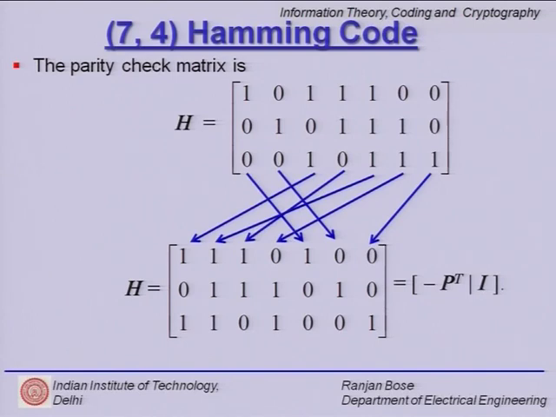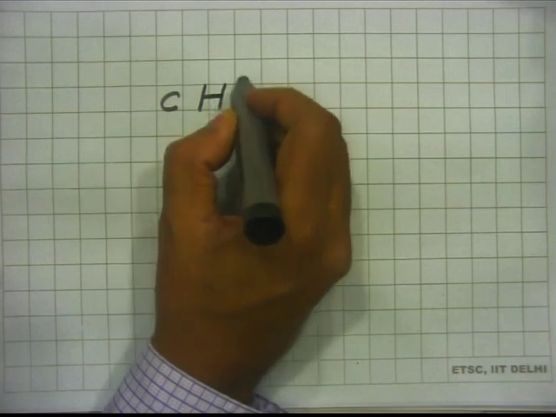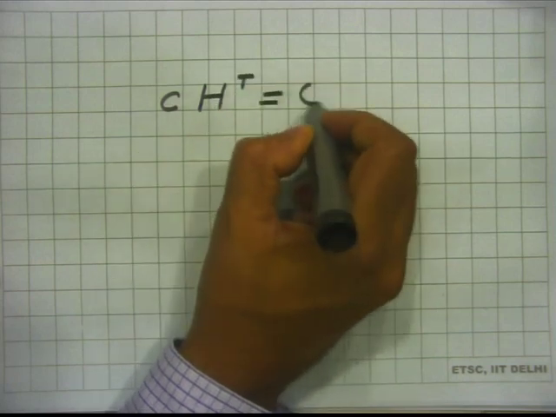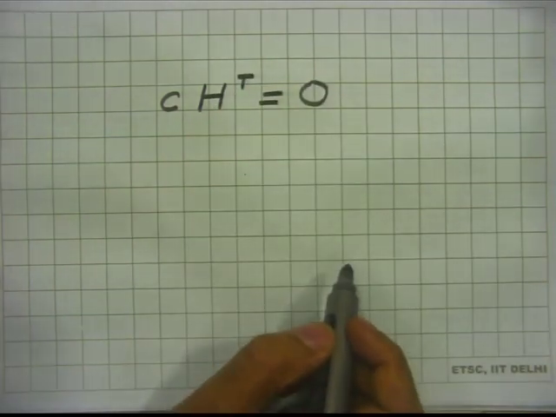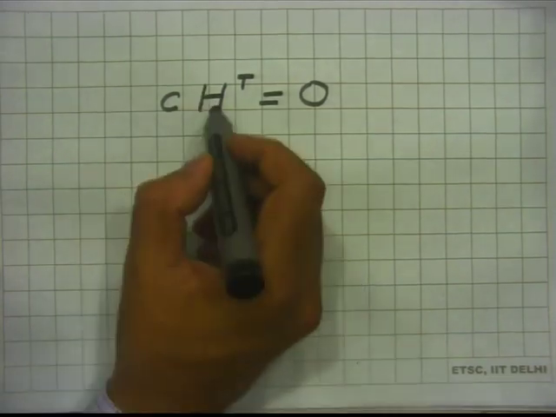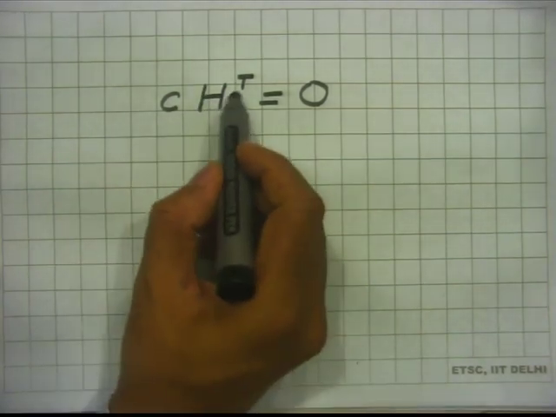Let us have a quick recap on that. So, we know that any valid code word satisfies C H transpose equal to 0, that is by construction. So, what is it doing? This is H transpose.